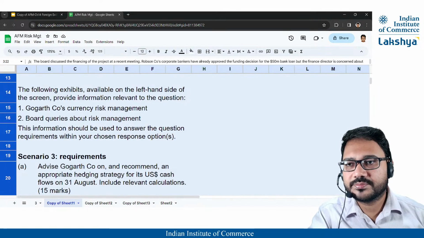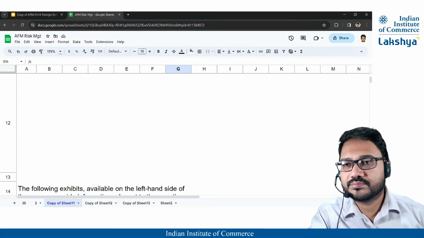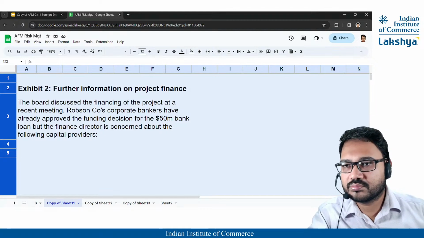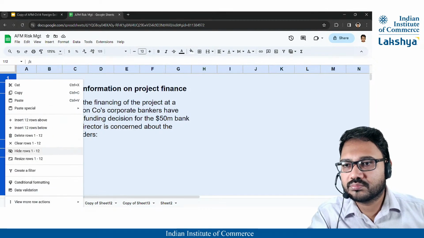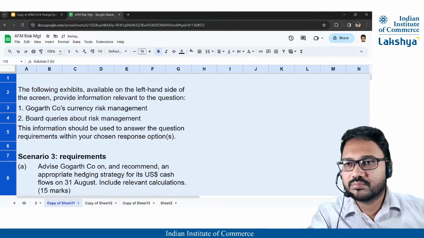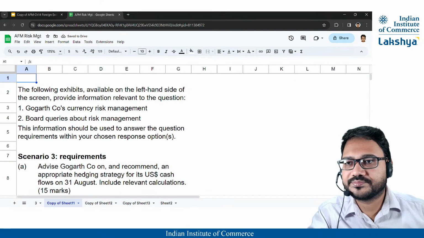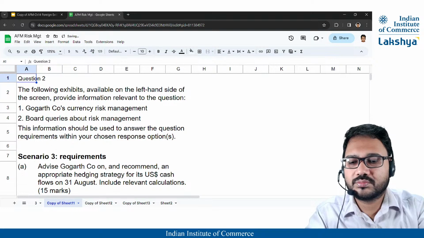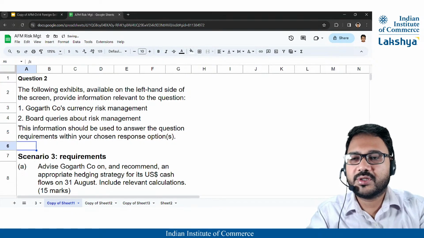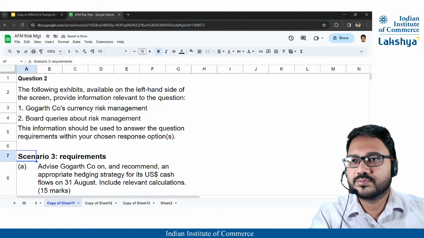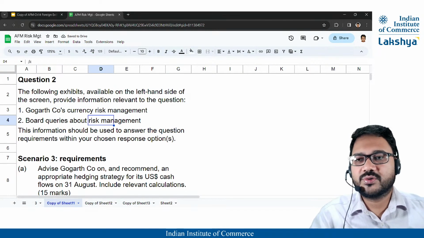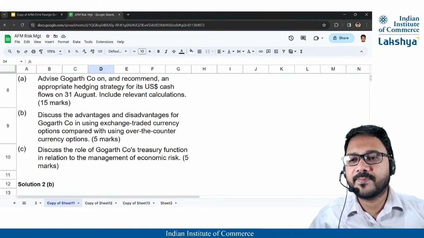Just write this as question 2. Okay, this is question number 2, and that one was question 1, the previous one that we just saw.